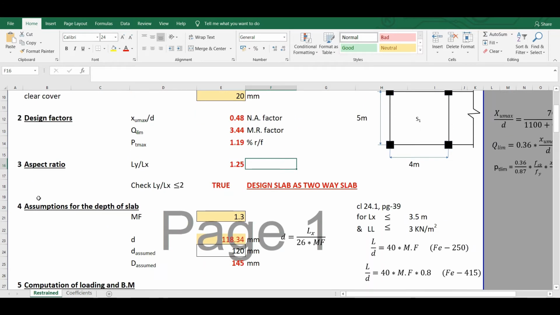The next step is to calculate the effective depth required to satisfy the deflection criteria. To calculate the effective depth, we need the value of the span by d ratio.